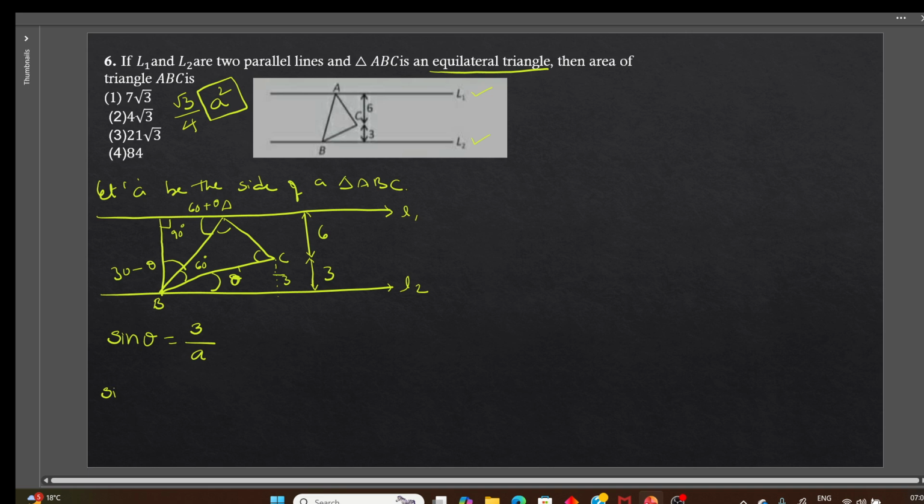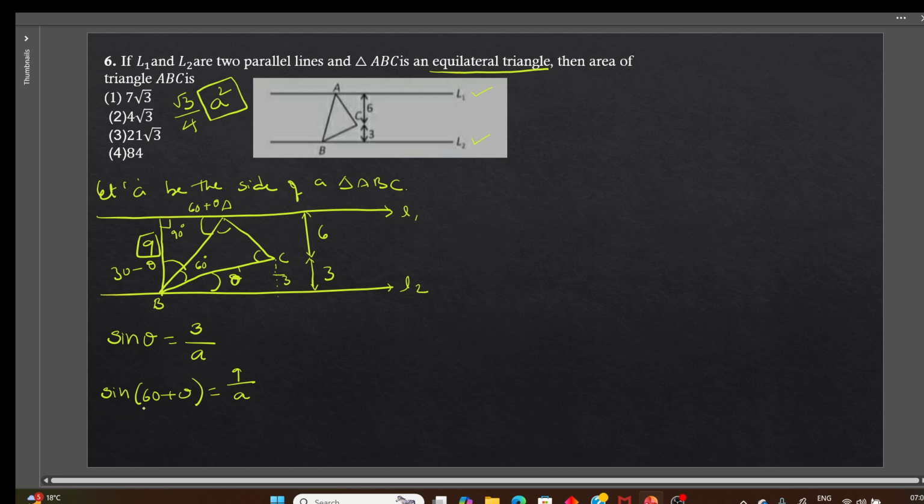Also here we consider sine of 60 plus theta. What is the opposite side here? 9 is the opposite side, because the distance between L1 and L2 is 6 plus 3, which is 9. So 9 by A, where the hypotenuse is A.